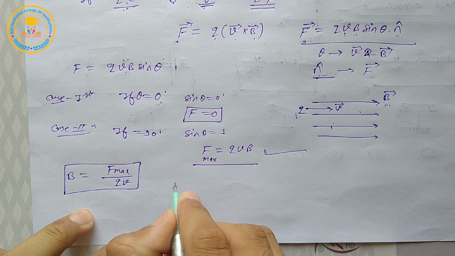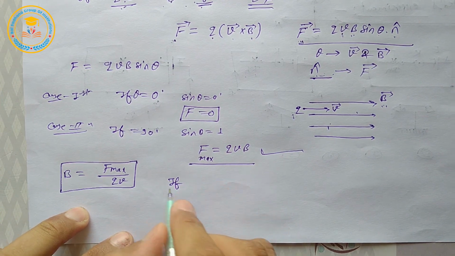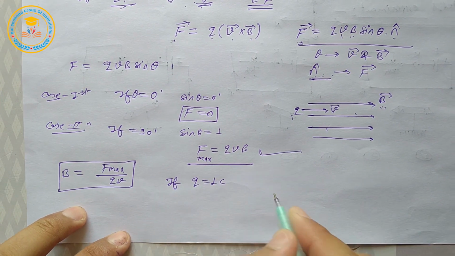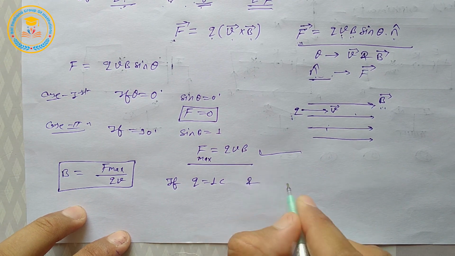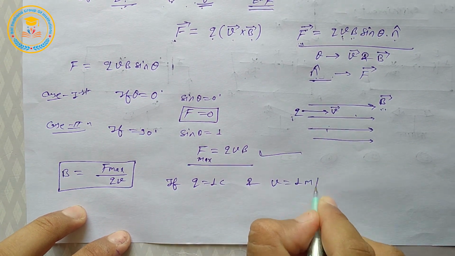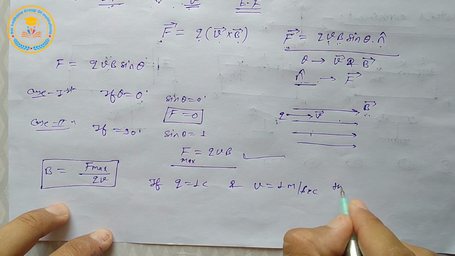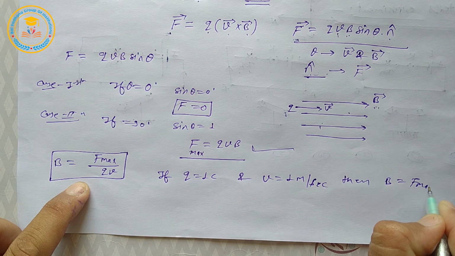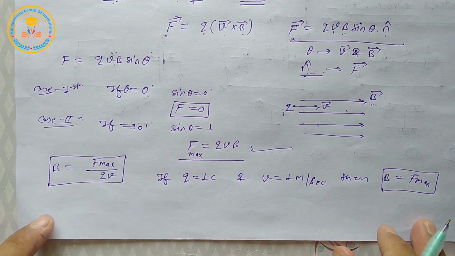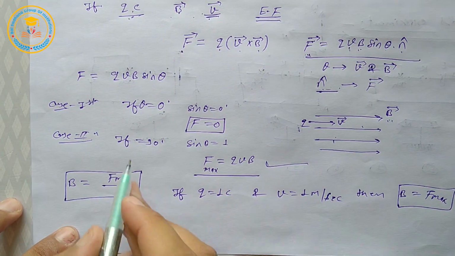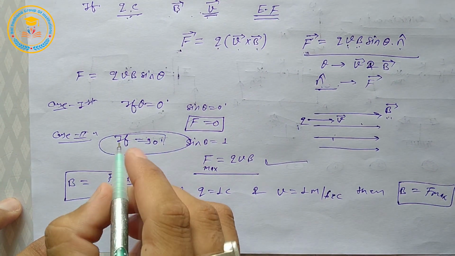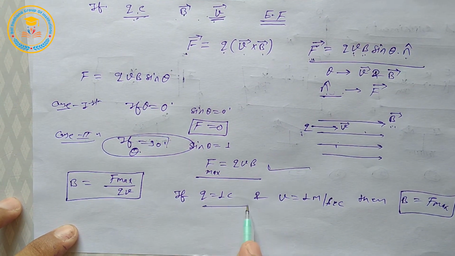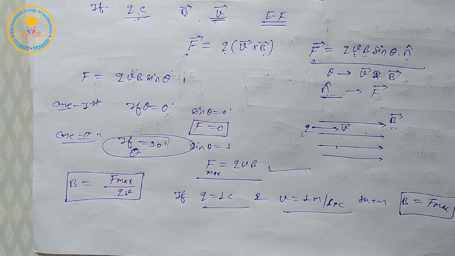If we apply some conditions, if q is equal to 1 coulomb and v is equal to 1 meter per second, then from this equation, B is equal to F maximum. Here we applied the condition theta is equal to 90 degrees, q is equal to 1 coulomb and v is equal to 1 meter per second. Then in these situations, B is equal to F maximum.